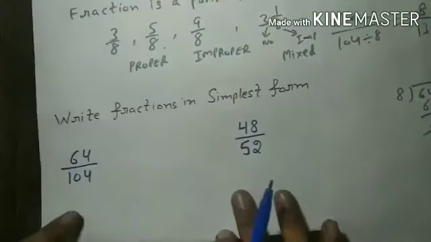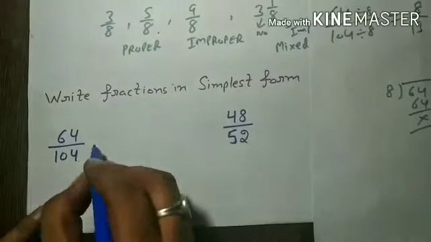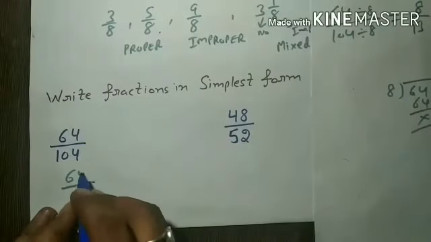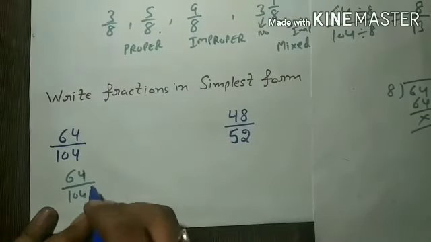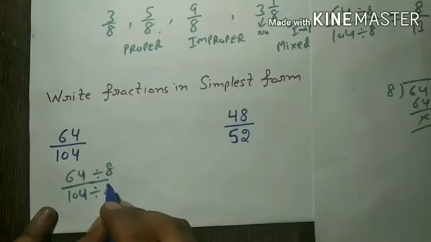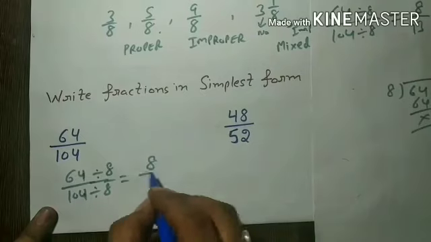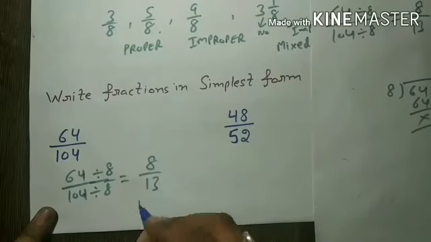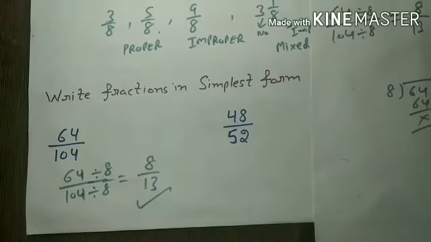You can see I will write here 64 over 104 divided by 8 and 8. So the answer is 8 by 13. This is the required simplest form.